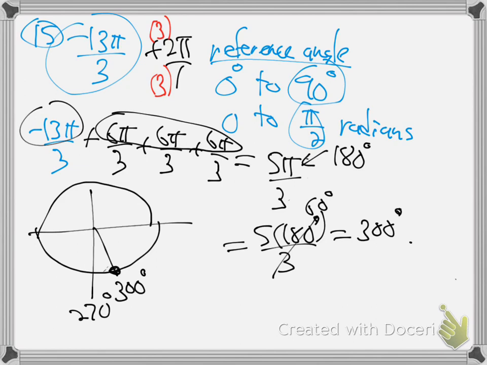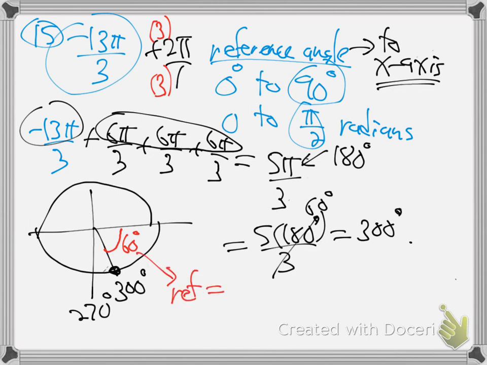So how far? Reference angle means to the x-axis. Remember, reference angle is always to the x-axis. How far from here to the x-axis? Must be 60 degrees, right? So the reference equals 60 degrees.